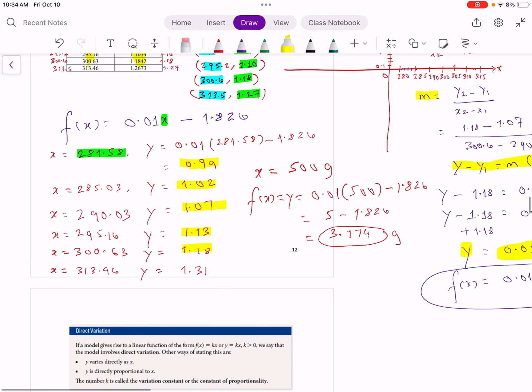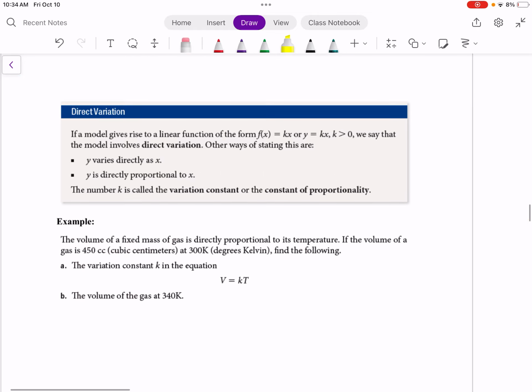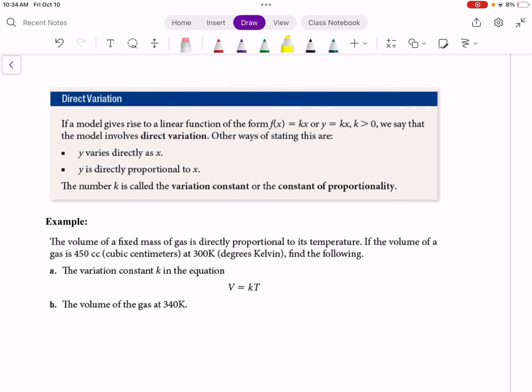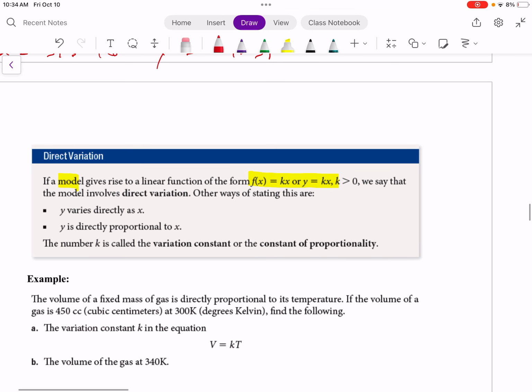Now we have a new model here. If we have a model that gives rise to a linear function of this form, f of x equals k times x, or y equals k times x, where k is greater than 0, then we call this function direct variation.